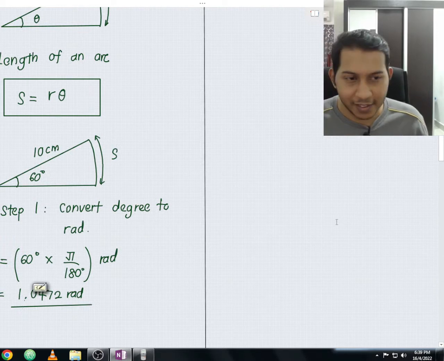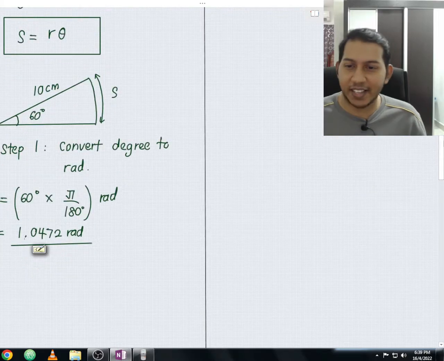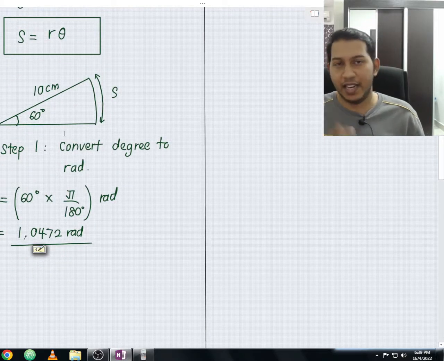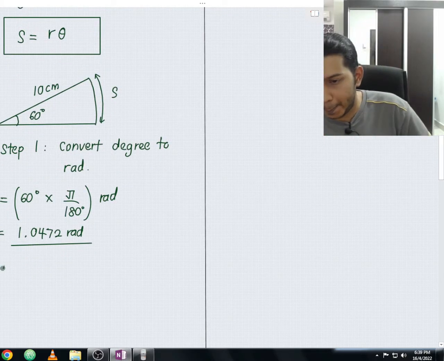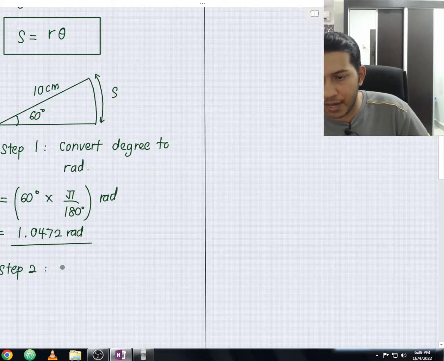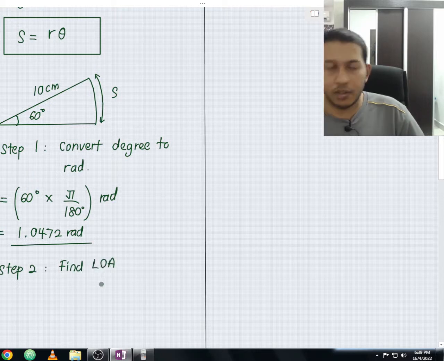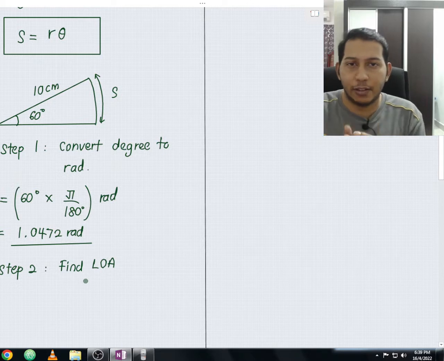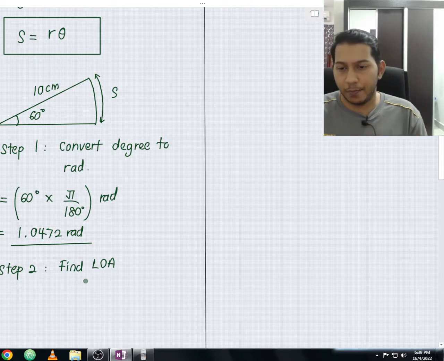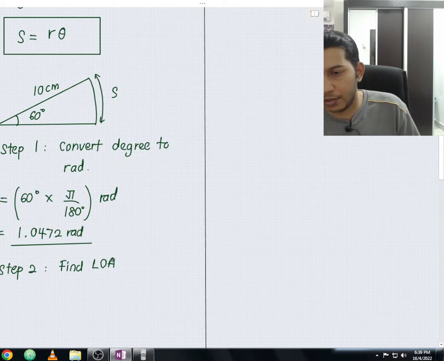Once you convert the degree to radian, the next step is to find the length of the arc. Just write LOA in short form. LOA means length of the arc, guys, so it is understood over here.